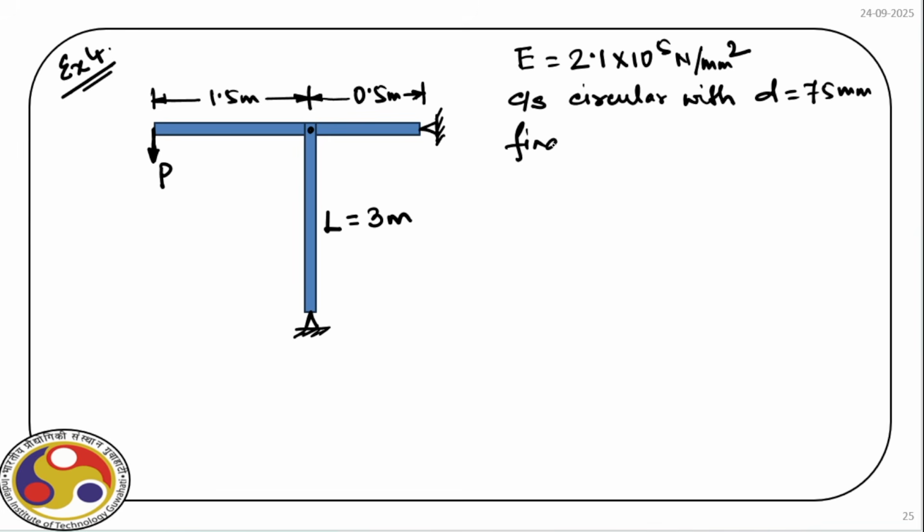Find the value of P. So, let us mark A, B is the beam and C is the point where the column is connected. So, CD is the column.